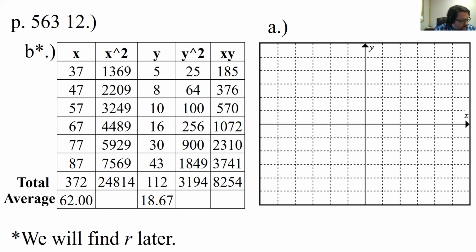For example, the first data pair states that 5% of all fatal accidents of 37-year-olds are due to the failure to yield the right of way. All right, so that means like the other 95% are for some other reason. Failure to yield would be like, maybe you don't stop at a stop sign, or maybe you're supposed to merge and you don't let the other car go, you just kind of move over and you cause an accident, things like that.